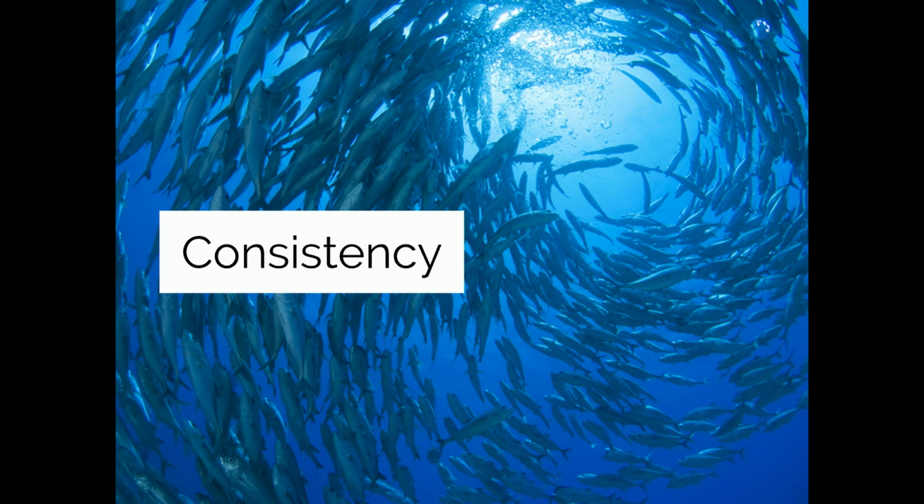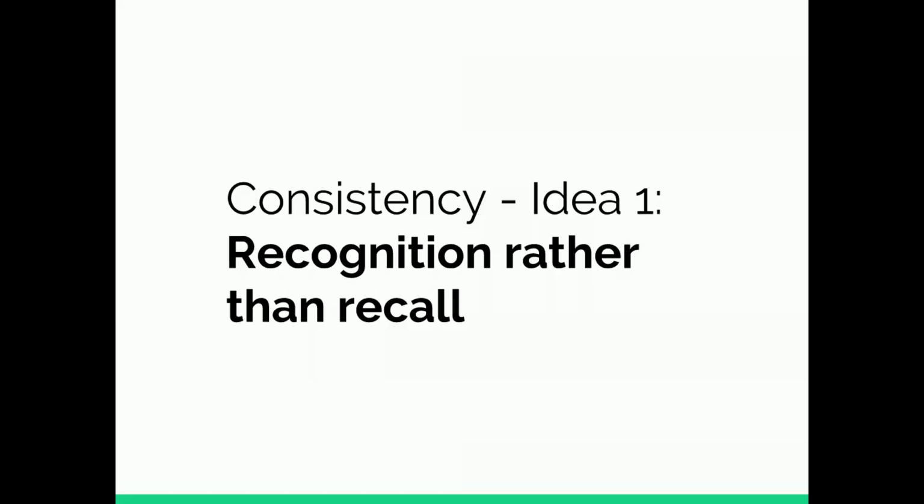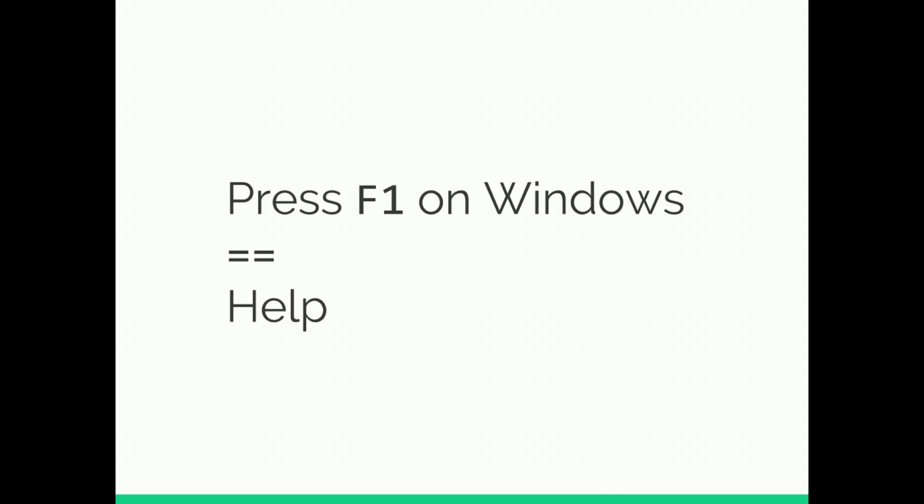Now talking about consistency, one idea for consistency that we can inherit from user interface design is recognition rather than recall. So for example, if you press F1 on Windows, you get help. Most apps on Windows respect that, and this is a thing that's consistent on Windows. It's recognition rather than recall.